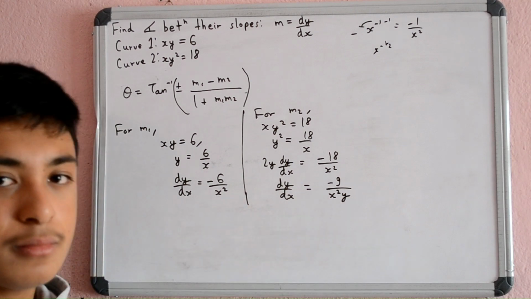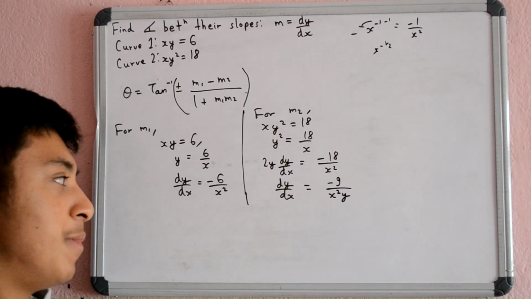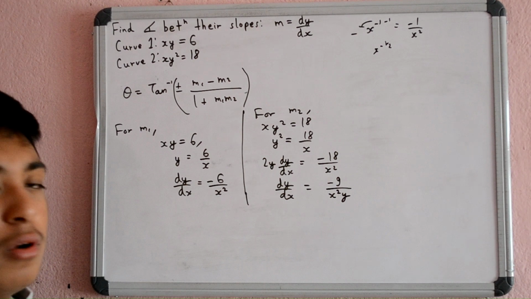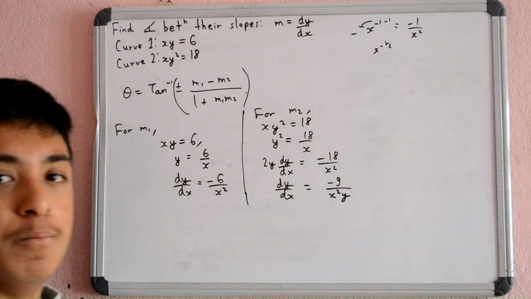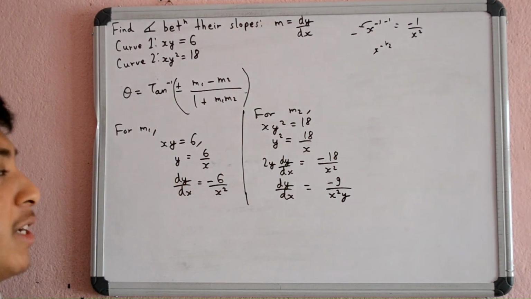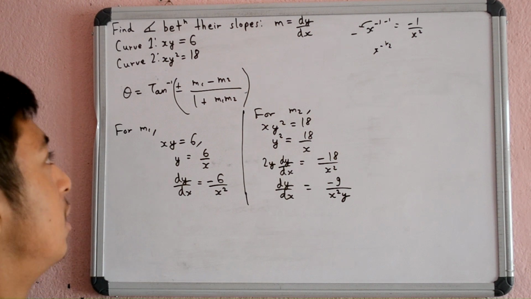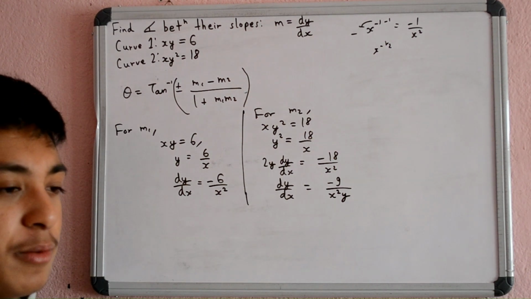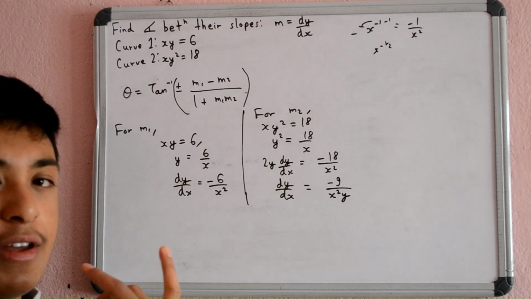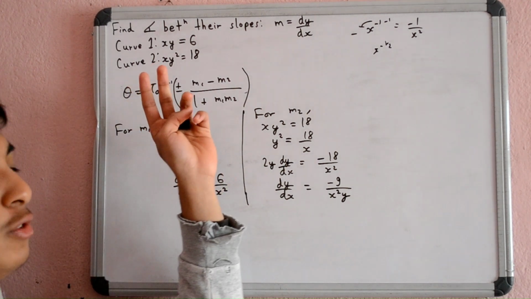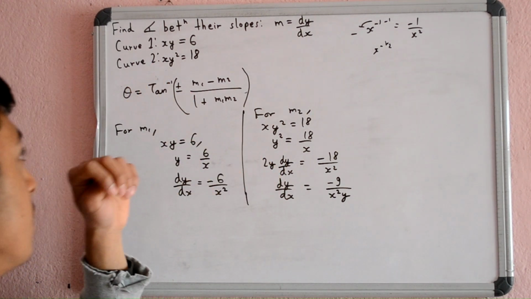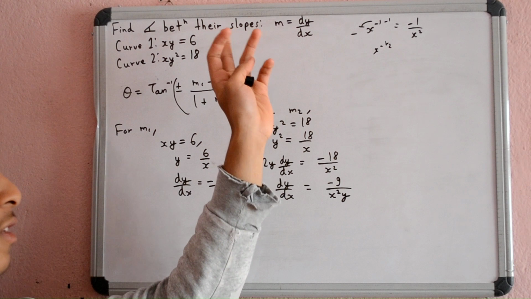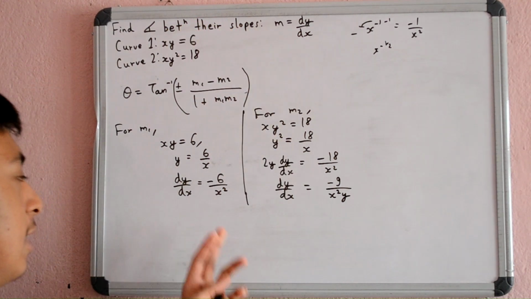Now we're not done yet, because we actually have to find the value of m1 and m2. For that we need to find the point of intersection, because at the point of intersection the values of x and y for both of these curves will be the same, and in that way we can find the slope's real value.